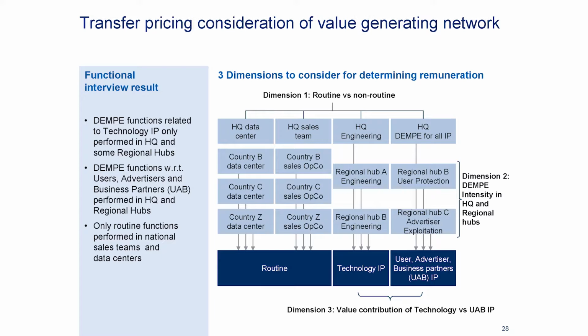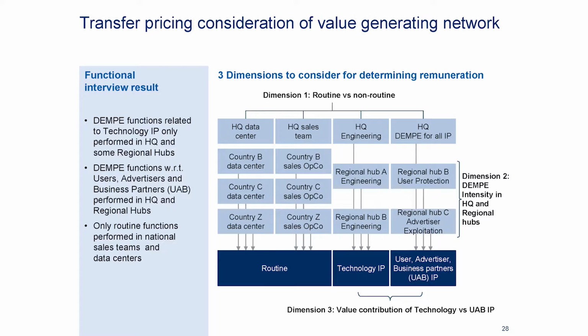And in that functional analysis, in principle, there are 3 major building blocks to make. The first is the very traditional transfer pricing approach for all of these functions in the value network which I can carve out as being more routine type, benchmarkable.